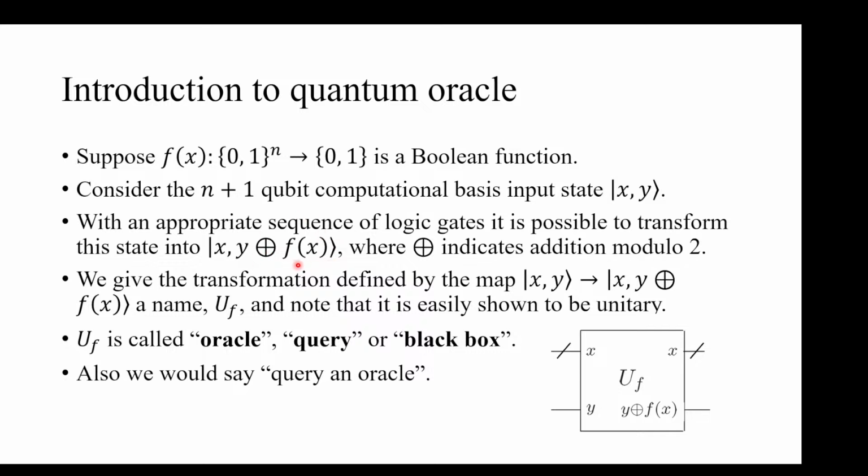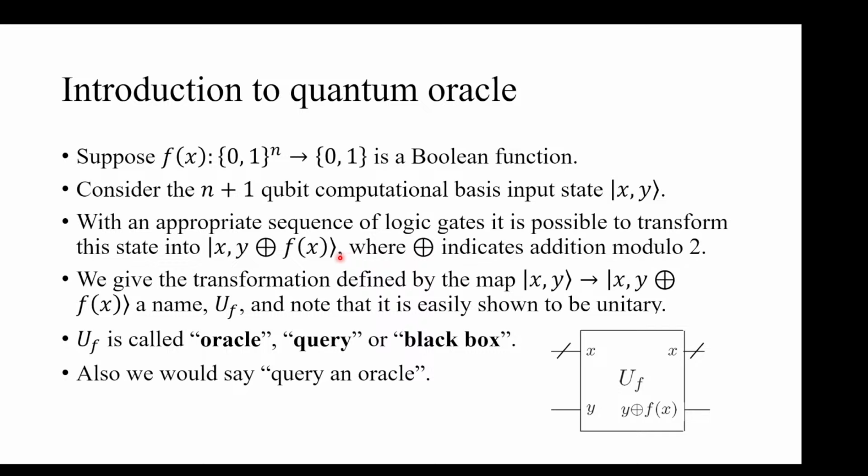So you use your logic gates to compute f of x, and you write it down in this y register. This can be done, and we omit the proof here, but you just need to believe me that it can be done, because you can do this with enough ancilla and Toffoli gates. But anyway, this can be done, and this will be our way to quantumly compute our function.